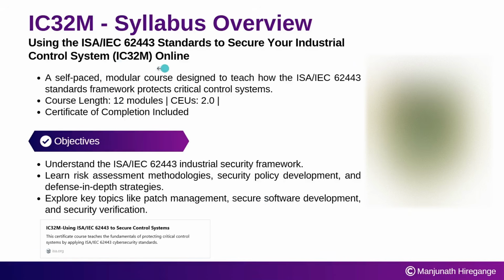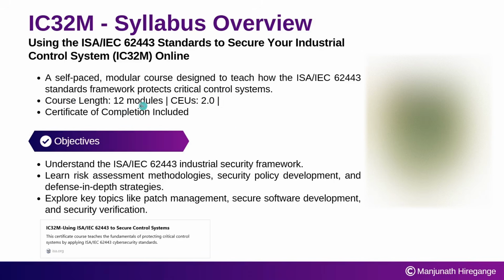Now let's take a look at the IC32 syllabus. The training is titled Using the 62443 Standard to Secure Your Industrial Control Systems. It's a self-paced modular online course. It will be easier for you to follow and is well structured for a comprehensive understanding of the cybersecurity for industrial control systems.